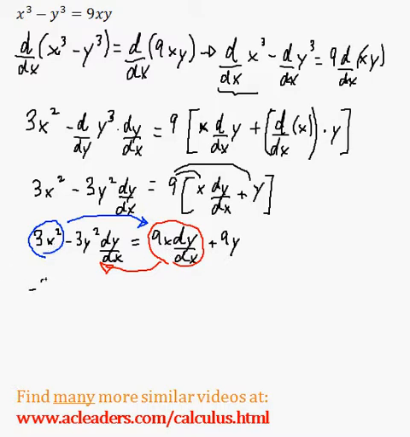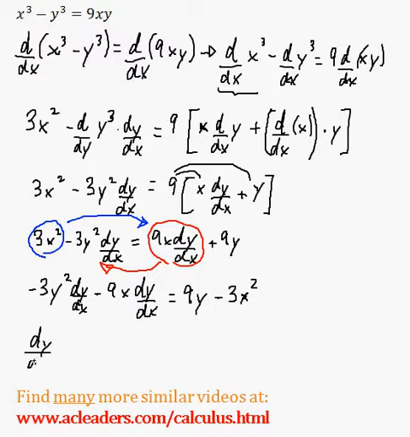Now, so we have negative 3y squared dy/dx minus 9x dy/dx equals 9y minus 3x squared. Now I can finally factor out the dy/dx.